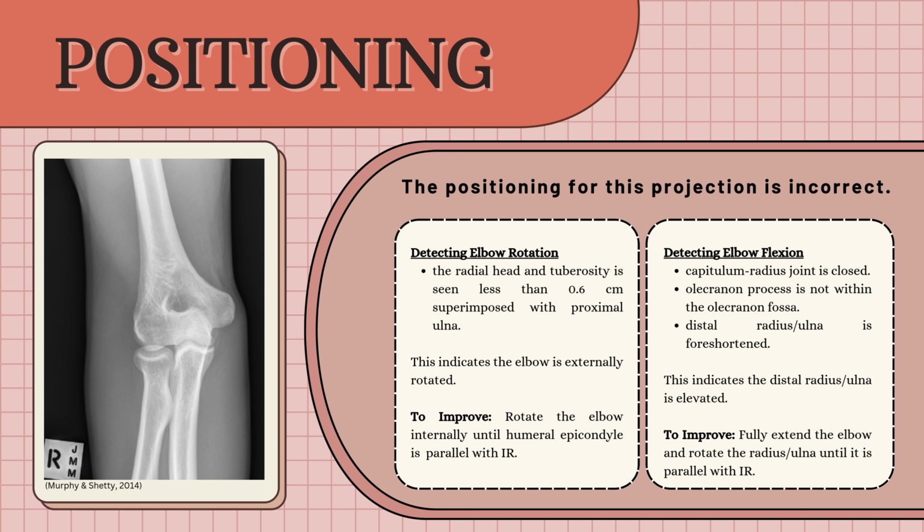Next, by detecting the elbow flexion, the capitulum radius joint is closed. The olecranon process is not within the olecranon fossa, and the distal radius and ulna is foreshortened, which indicates the distal radius and ulna is elevated. To improve the positioning, fully extend the elbow and rotate the radius and ulna until it is parallel with the IR.